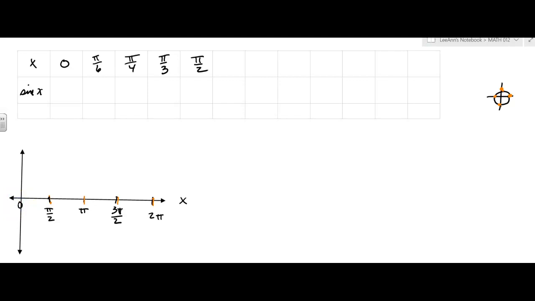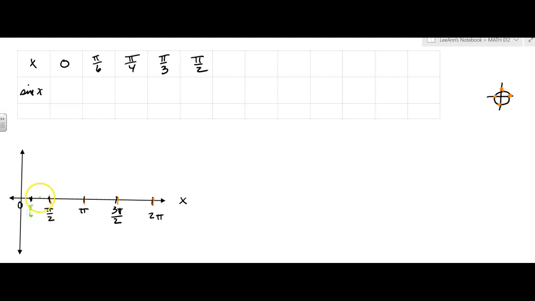And then where would pi over 6 be? Well, pi over 6 is like a third of the way between 0 and pi over 2. So it's about right there, pi over 6. And I'll try to squeeze this in, pi over 6.